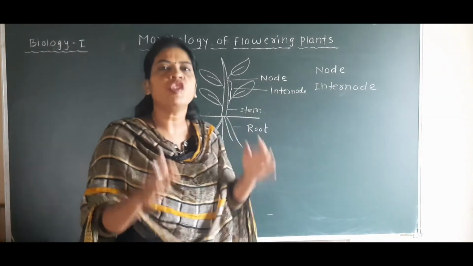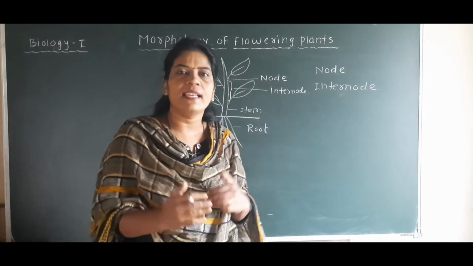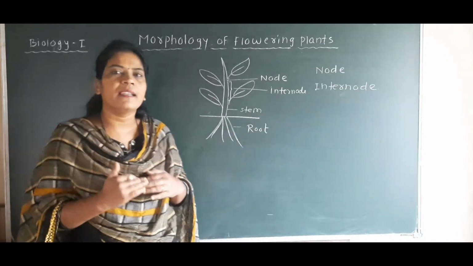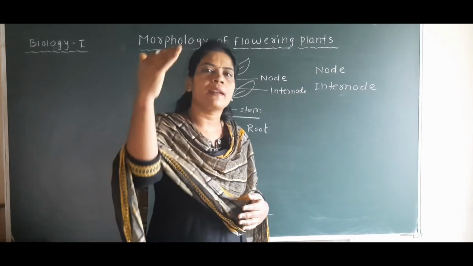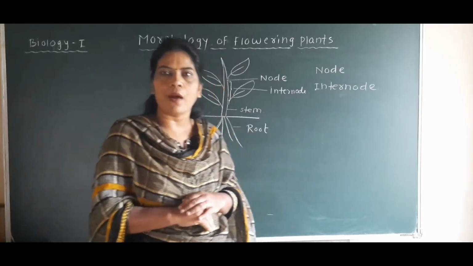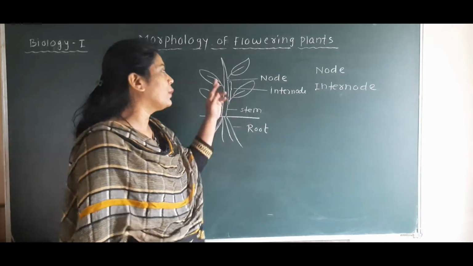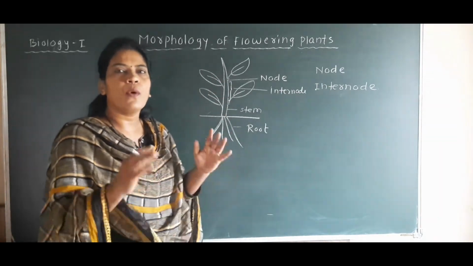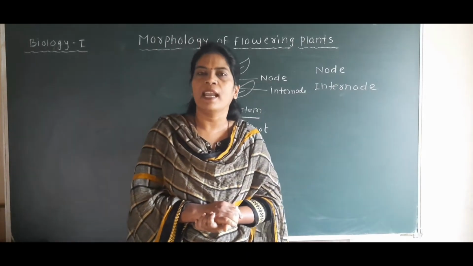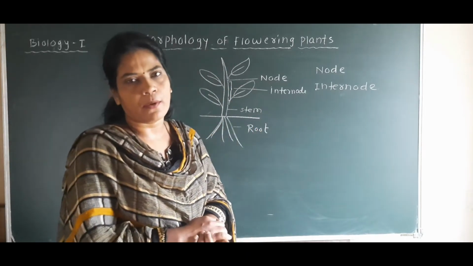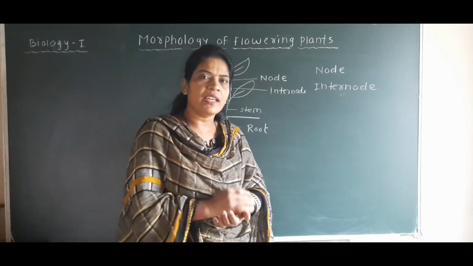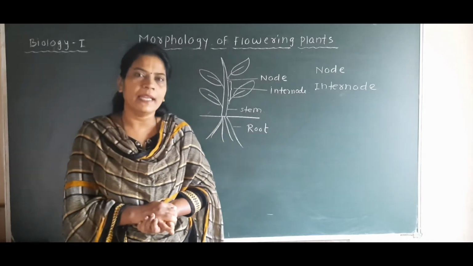Okay, so from this figure we can easily identify the different regions of the plant, that is the shoot system which is present above the ground, root system which is present below the ground, and on the stem there are node and internode. This whole plant system we are going to discuss in detail in this morphology topic. Here we have to study the different parts of the plant in detail.